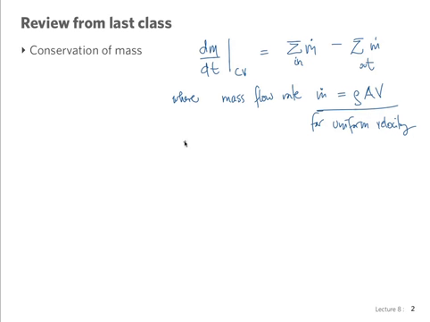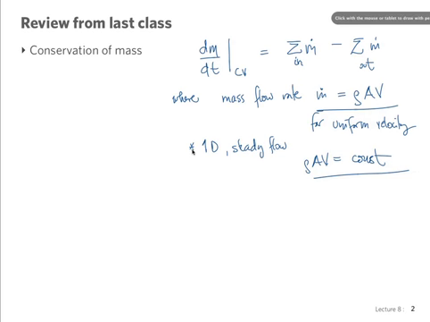And in the very special case that many times we can apply of 1D steady flow, such as again in a pipe, then we simply have the expression of conservation of mass as rho AV equals a constant. I didn't mean 0, I mean a constant. The simplest expression of conservation of mass, and many times we can use it in this form.